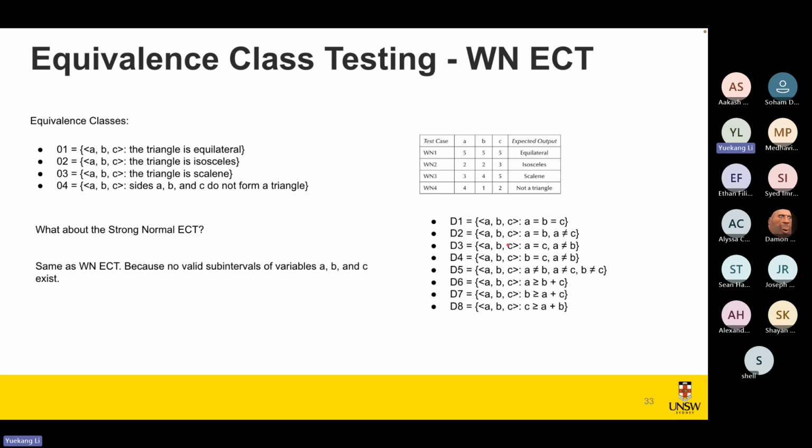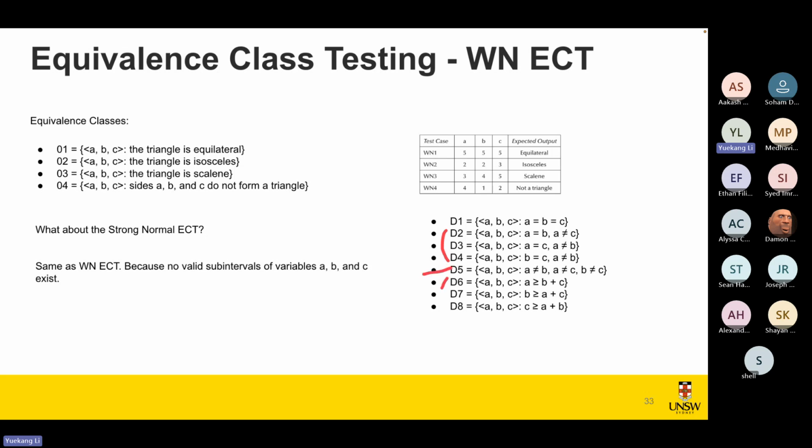If we think about the input domain in more detail, if we want a triangle to be equilateral, then A, B, and C must be the same. If we want it to be isosceles, we can take these three cases. If we want it to be scalene, we can take this one.